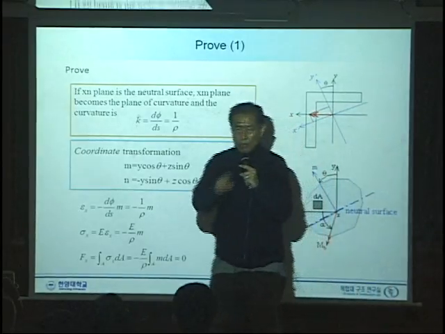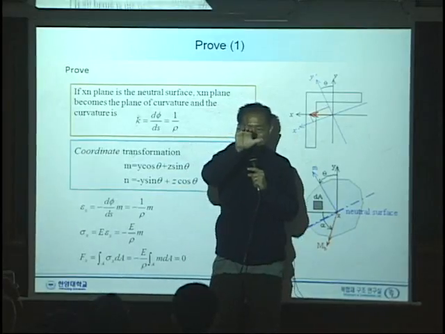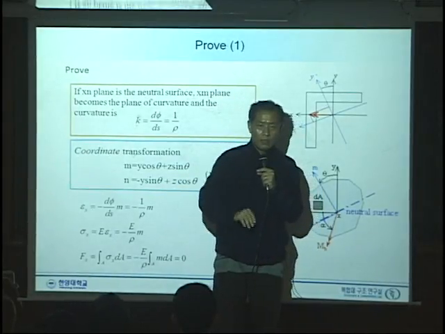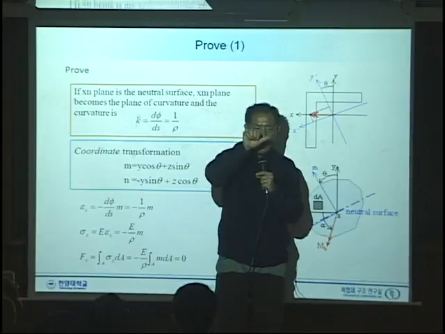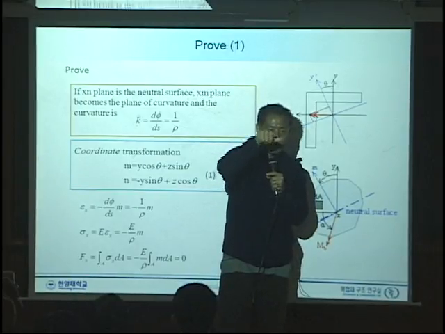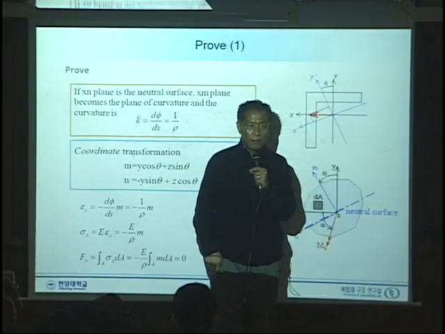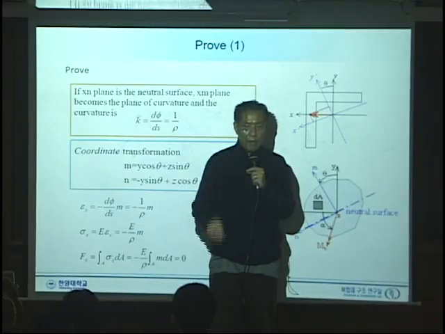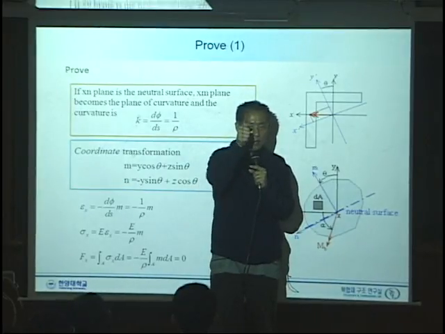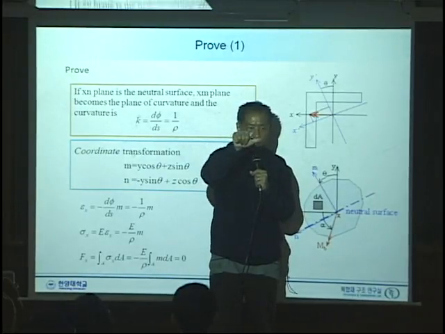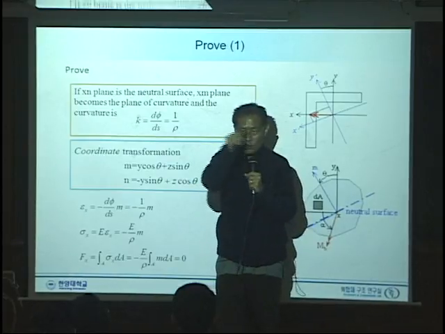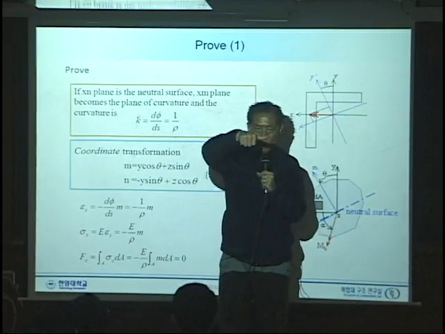For the symmetric cross-section, when we apply bending moment, curvature will have the same direction. Okay, bending moment we indicate by my thumb, this direction. This is the cross section, and we apply moment here.